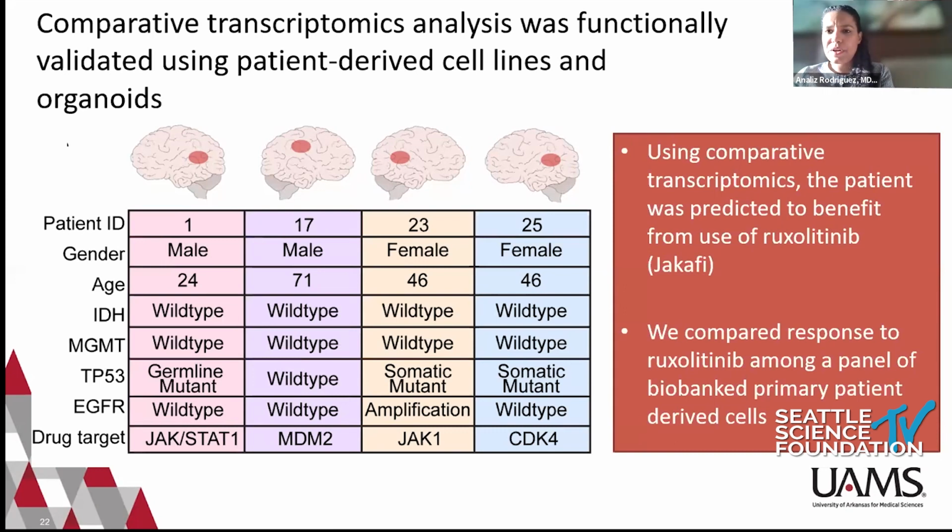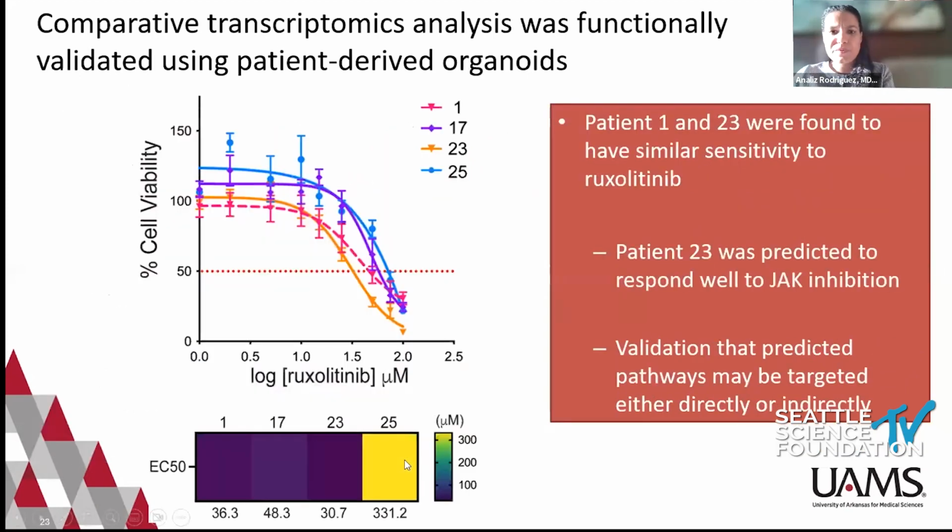We wanted to compare several other patients: patient 23, who also had a target in that same pathway, and two other patients that did not. We did dose response curves on their ex vivo organoids, and we found, interestingly, that when we gave ruxolitinib, which inhibits the JAK-STAT pathway, as predicted by the transcriptomics, patient 1 and 23 had the best dose response curves, whereas the other patients did not.